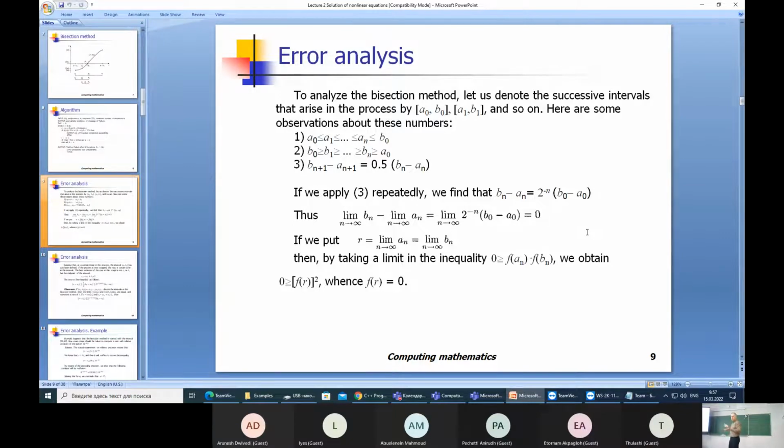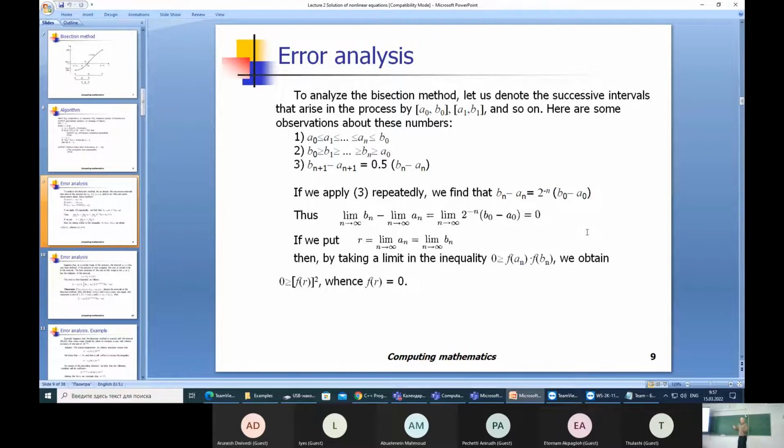What can we say about these intervals? I can say that the next interval is half of the previous interval, right? From A0, B0, A1, B1 will be the left or right half.